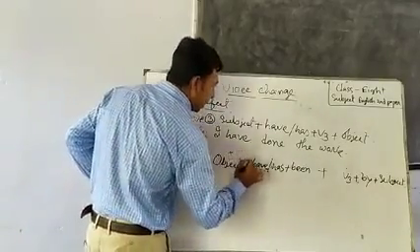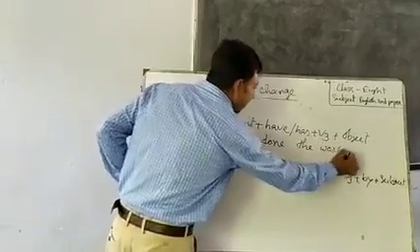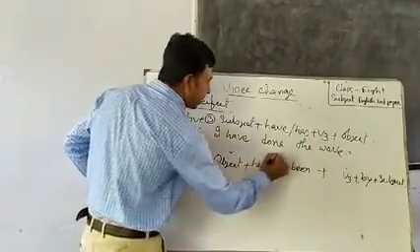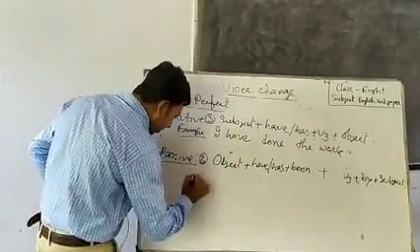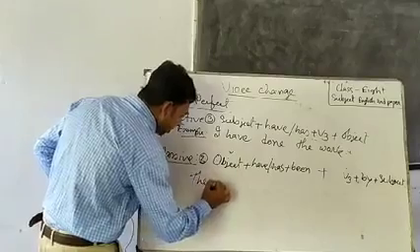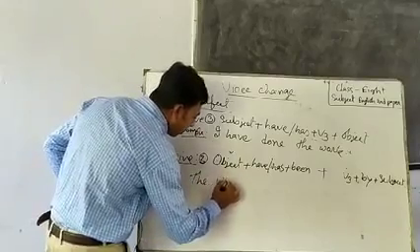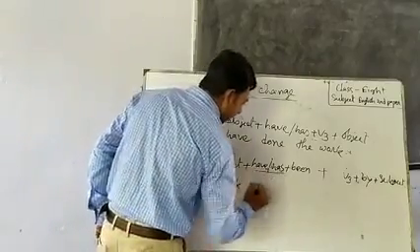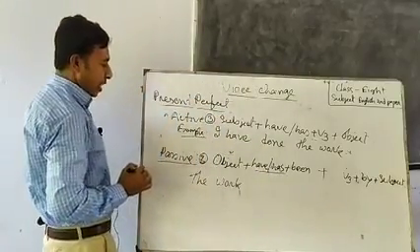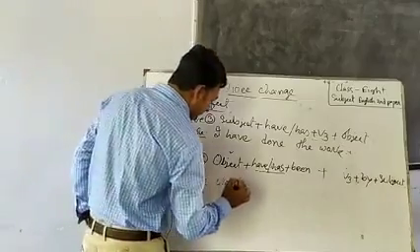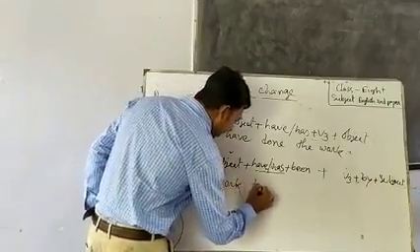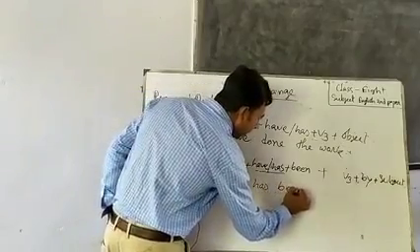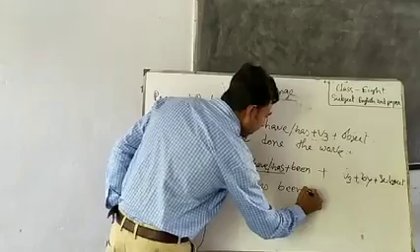First I write object. How to change this sentence into passive? Object is the work. I write the work. Then I write have, has, according to number and person. I write here has. Then I write been. Then I write verb 3.